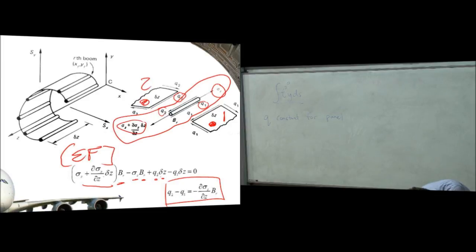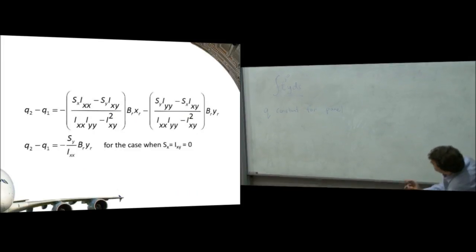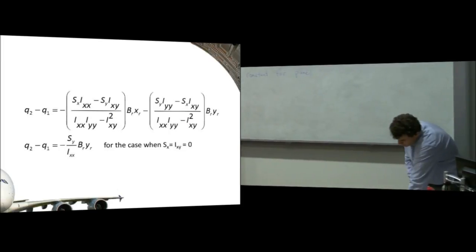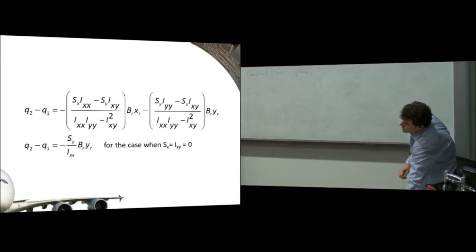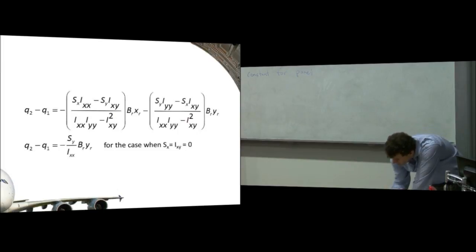This term here, we've seen this term before. This term we can substitute in our more general complex relationship for the change in stress. And for the case that we normally consider, when Sx and Ixy equal 0, the formula drops out to this.